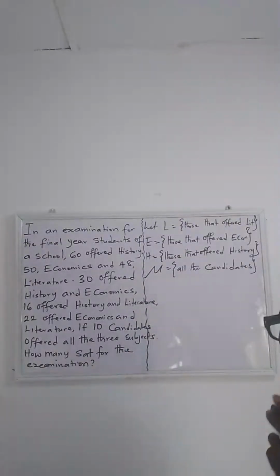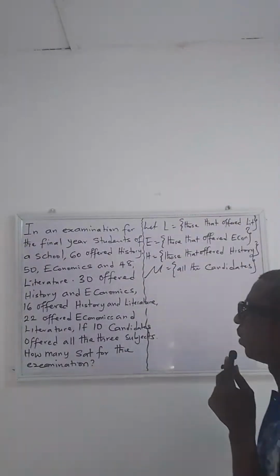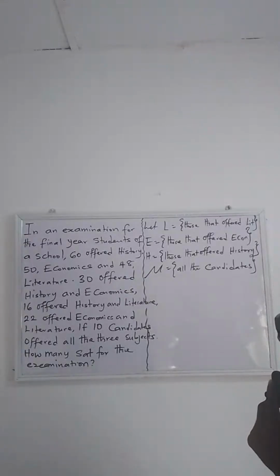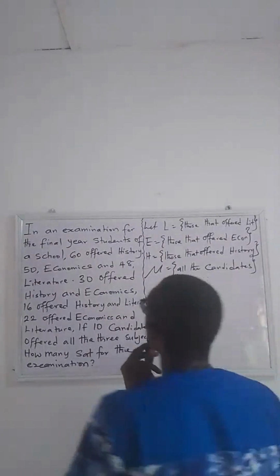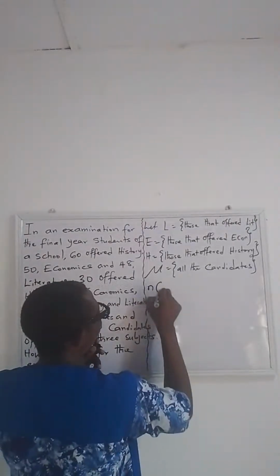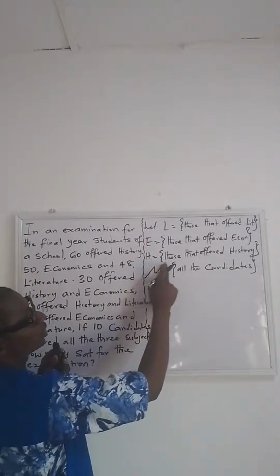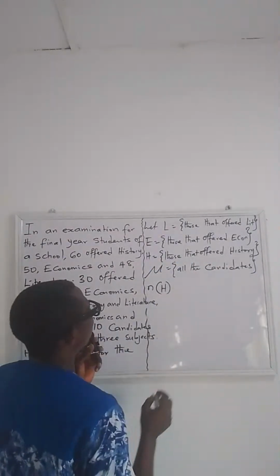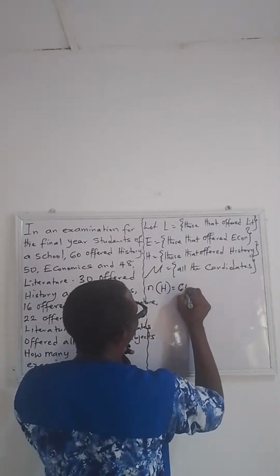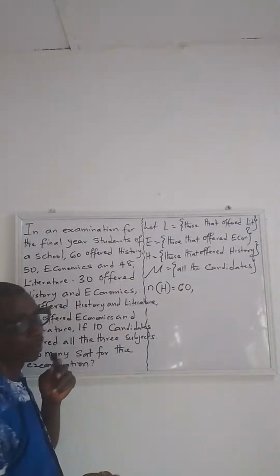Let's go through the question one after the other. In an examination for the final year students of a school, 60 offered history. So we now know what H is: H is those that offer history, and the number is 60.